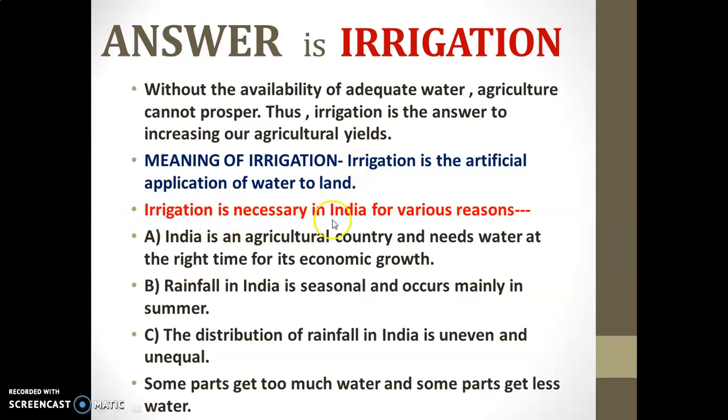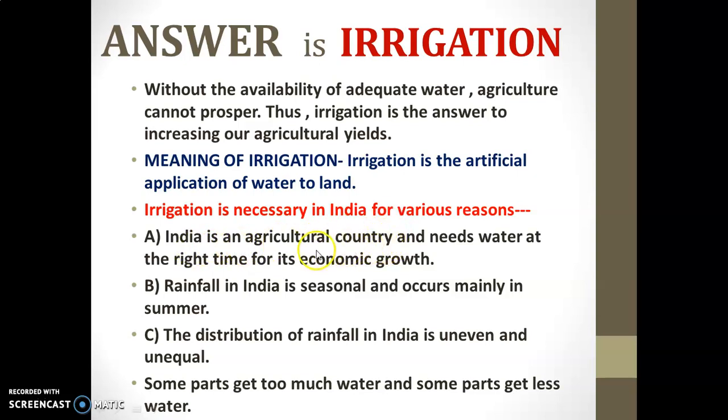Next question is, why is irrigation necessary in India? What are the different reasons by which we can say irrigation is very important? The very first reason is, as we discussed in the previous slide, India is an agricultural country.